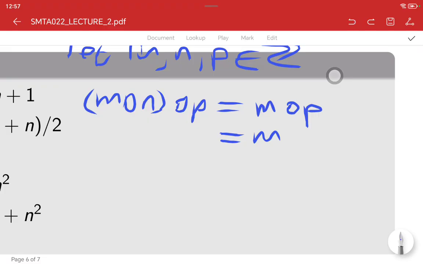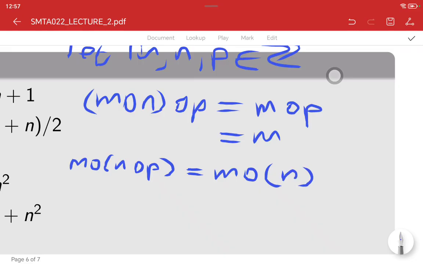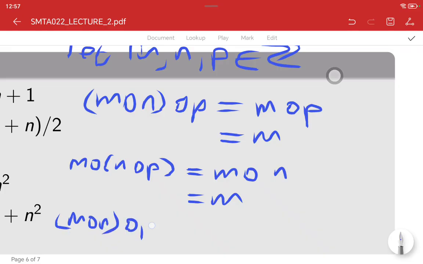But now when I check M o N, then o P: here inside the answer will be N because N is the one that comes first. So I don't have to put brackets. That is N. And M o N, we know this is M. Hence here, we see that (M o N) o P is equal to M o (N o P). Hence the associativity law is satisfied.